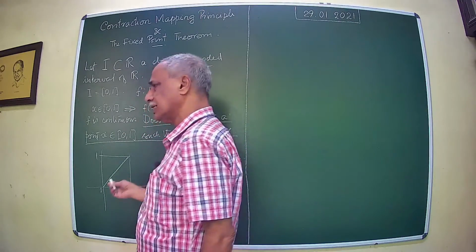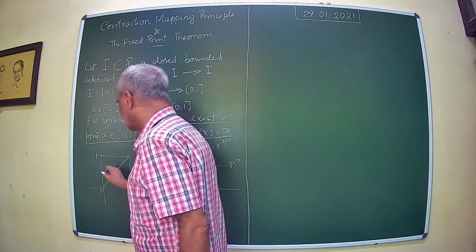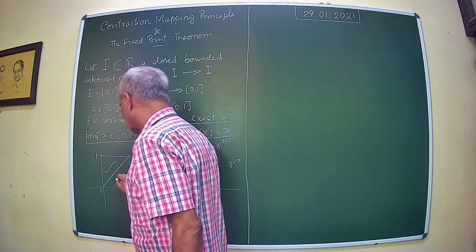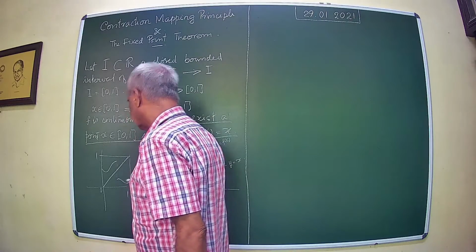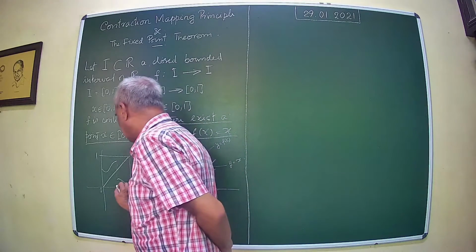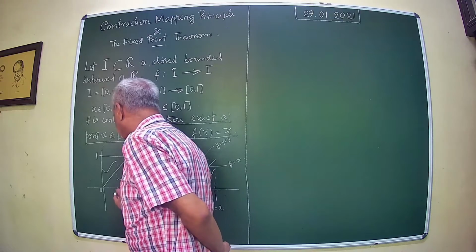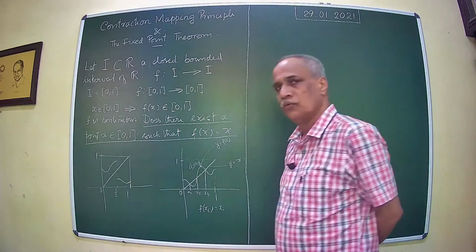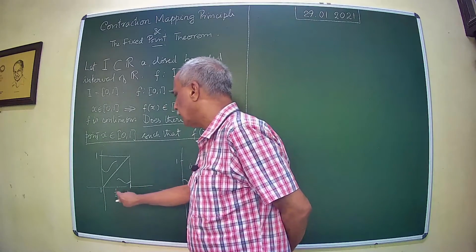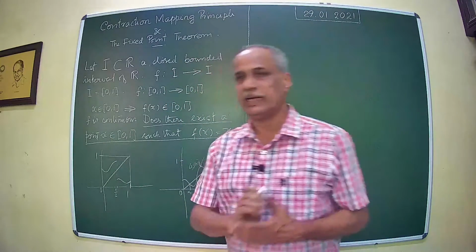I take a discontinuous function which is something like this, whose graph is this. That means there is some point, say, if you want to be specific, you can say half, where the function is continuous on the interval 0 to half, and also continuous on the interval half to 1, but has a discontinuity at half.